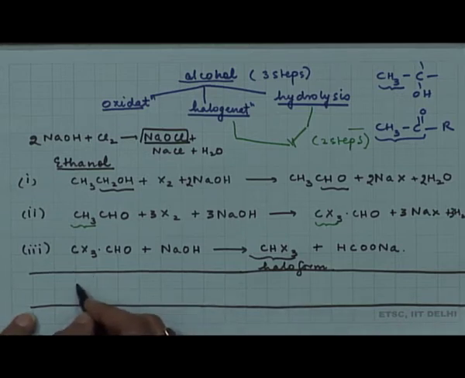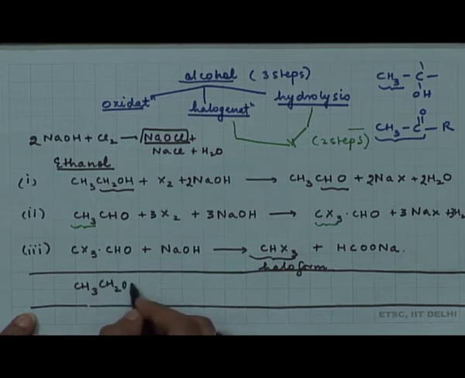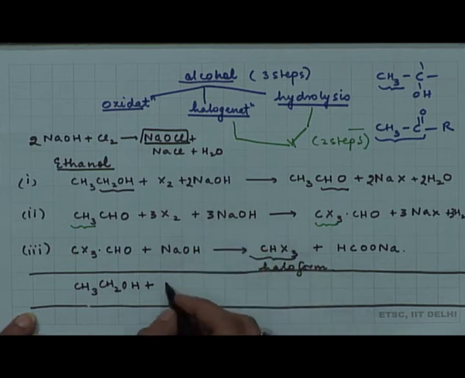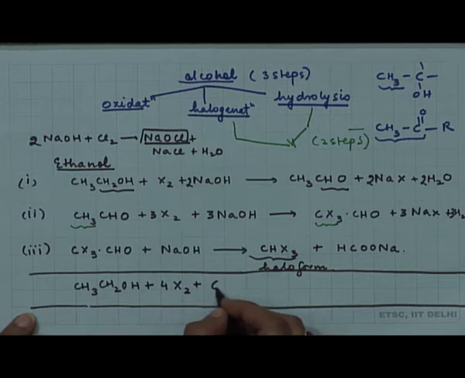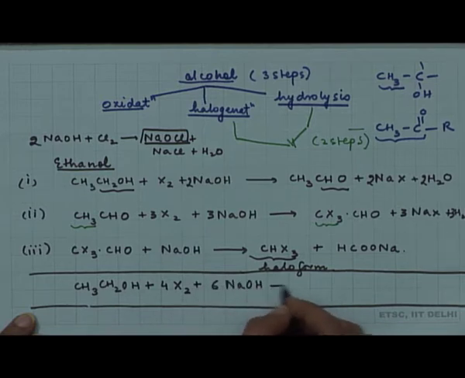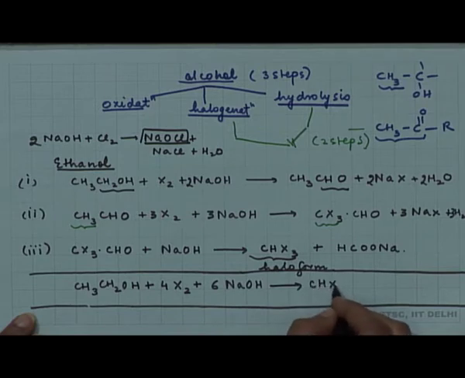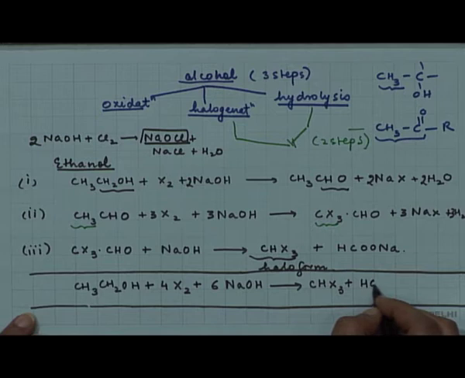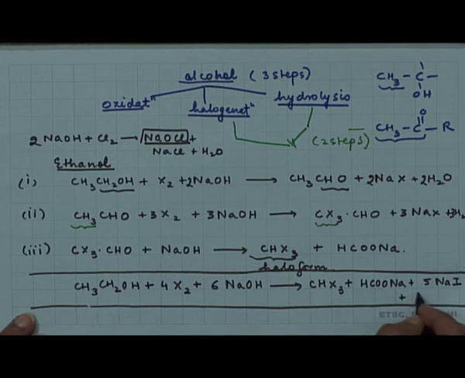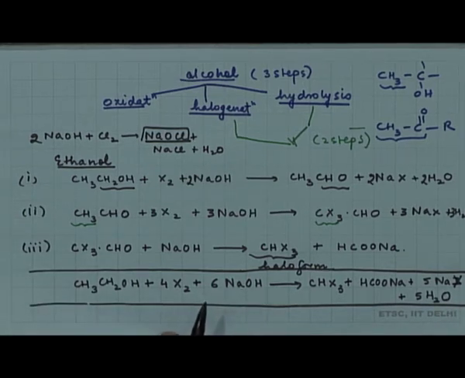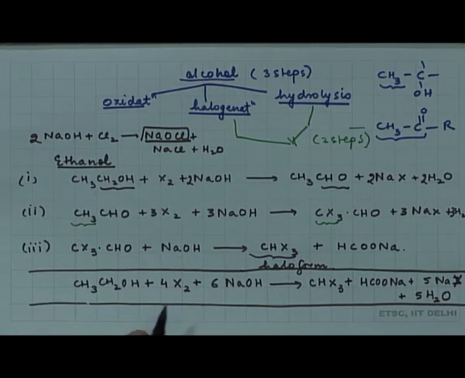My overall equation for an alcohol haloform reaction becomes: 1 molecule of alcohol reacts with 4 molecules of the halogen and 6 molecules of NaOH to yield 1 mole of haloform, sodium formate, 5 moles of sodium halide, and 5 moles of water. This is the overall balanced equation for a haloform reaction involving an alcohol.